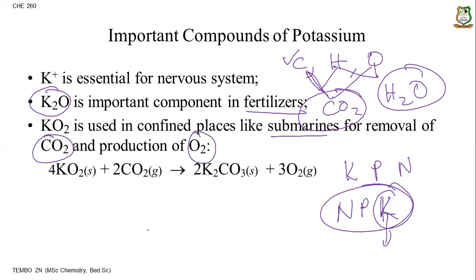Because in a submarine, I know we know what a submarine is, these are vessels that advanced nations usually use to navigate the sea. It is found under the sea, but there are human beings inside this submarine who are supposed to breathe in oxygen and breathe out carbon dioxide.